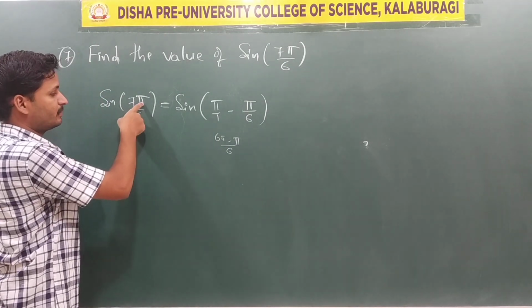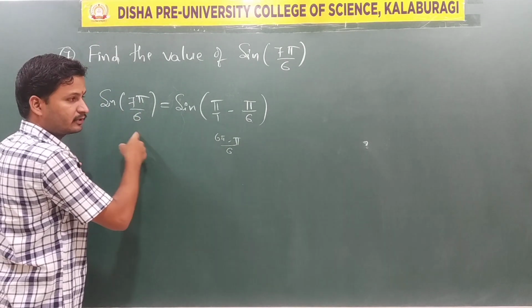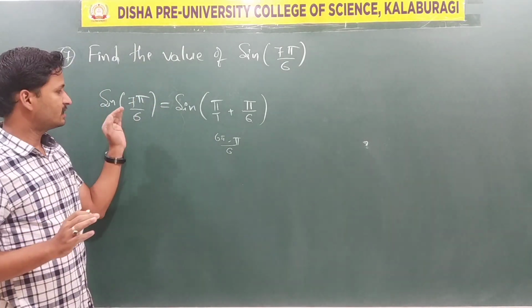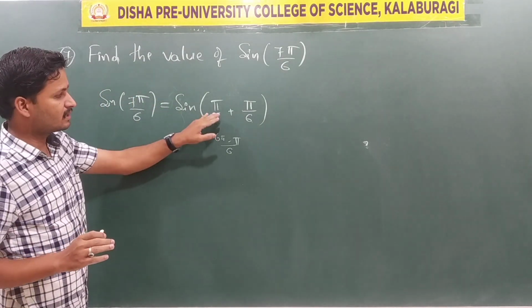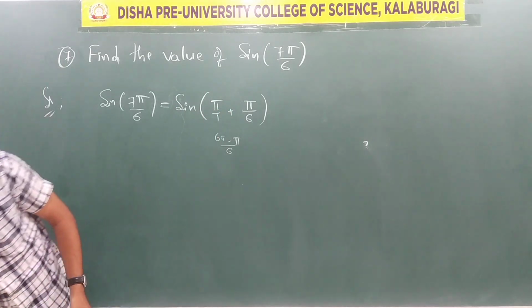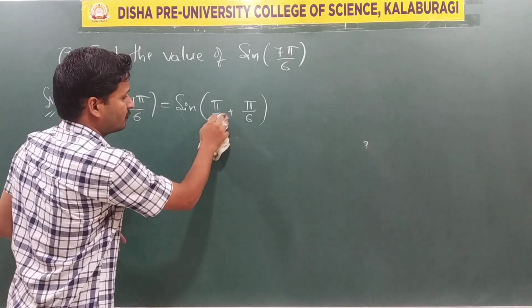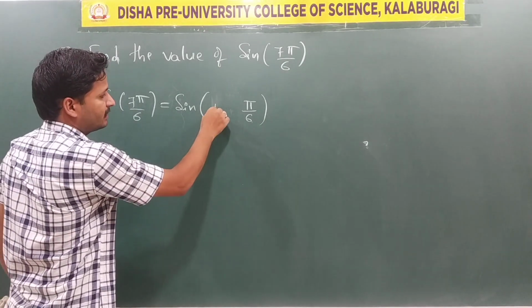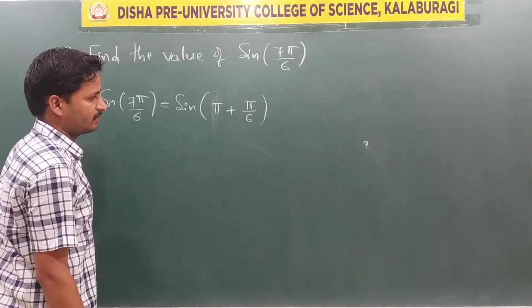But here 7 pi by 6 is there, that means we need to take plus. So 7 pi by 6 can be written as pi plus pi by 6.